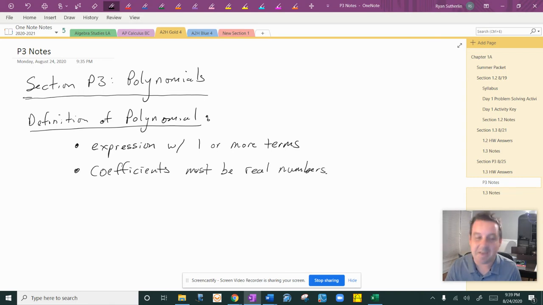So no i's yet. And the third is that the exponents on the variables are non-negative integers.